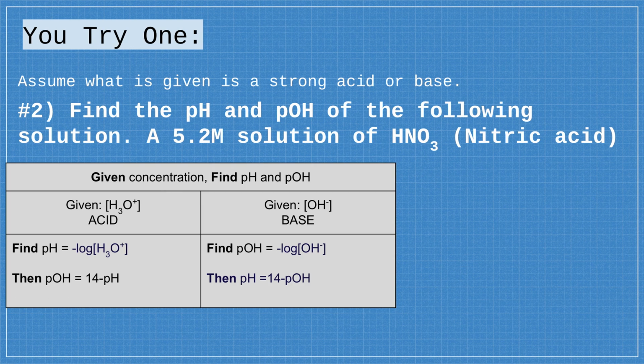Assume what is given is a strong acid or base. Find the pH and pOH of the following solution: a 5.2 molar solution of HNO3.